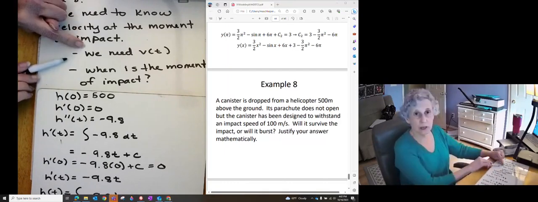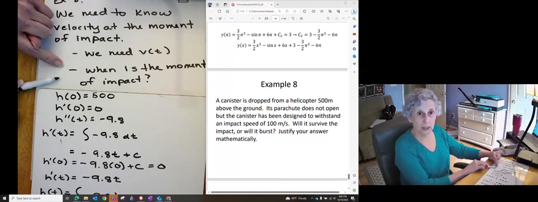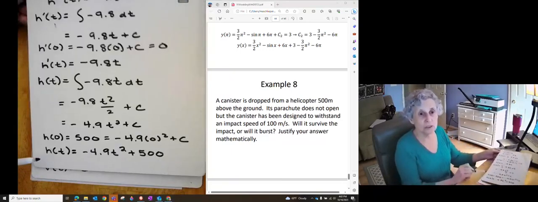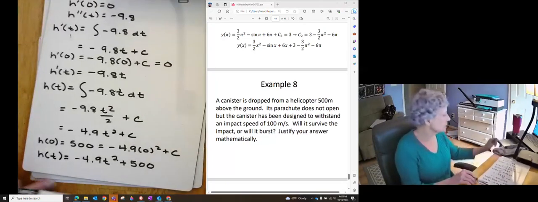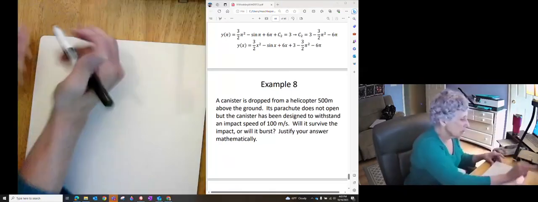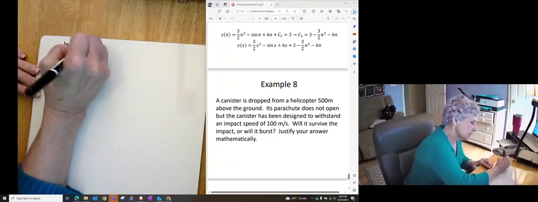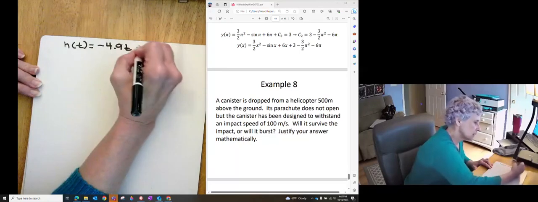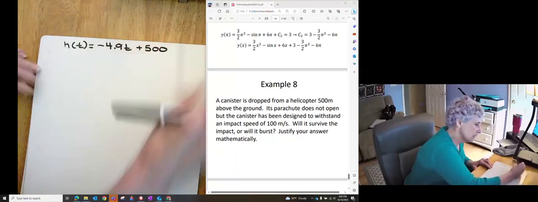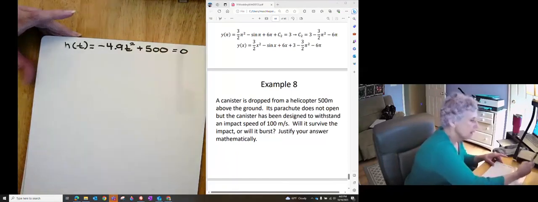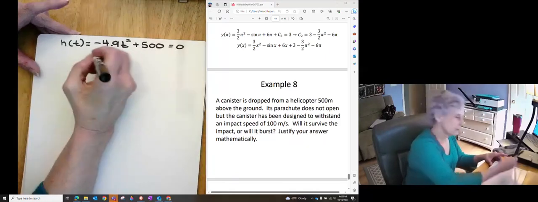I have a velocity function, and I have a height function that I can use to determine the moment of impact. So to determine the moment of impact, I take h of t, negative 4.9 t squared plus 500, and set that equal to 0.